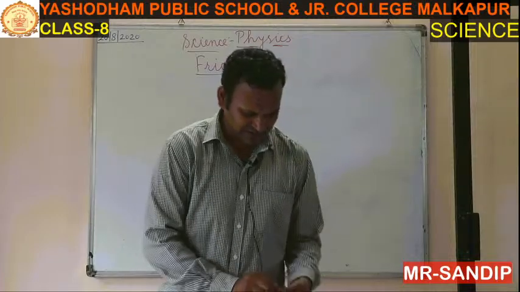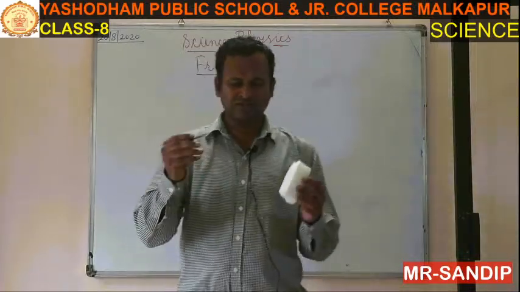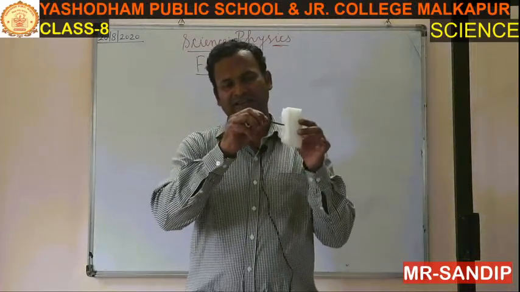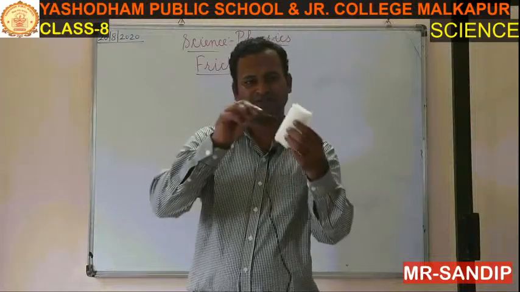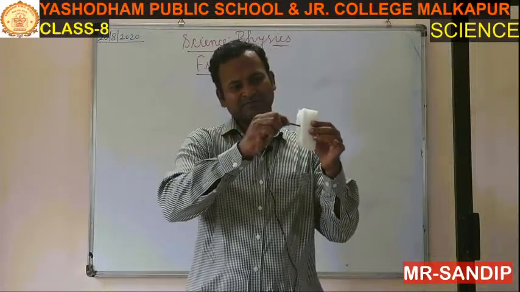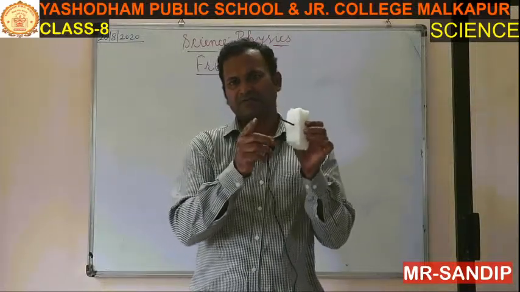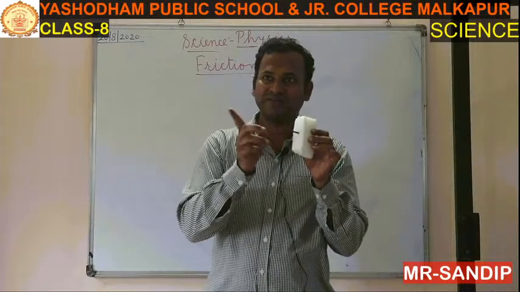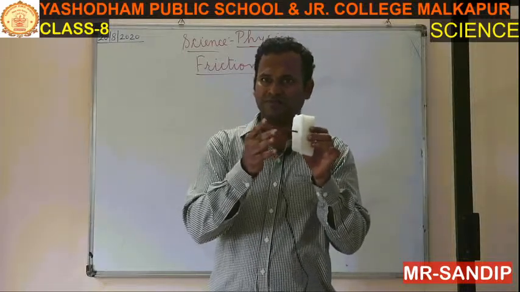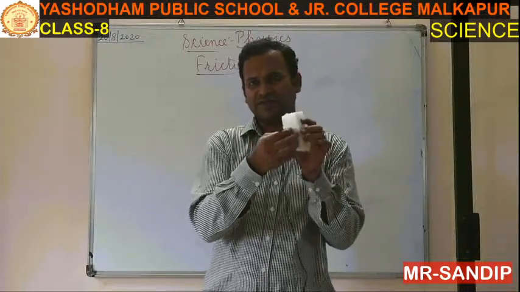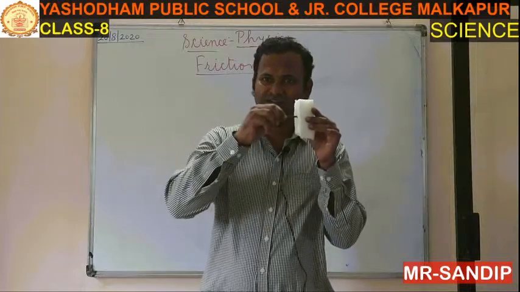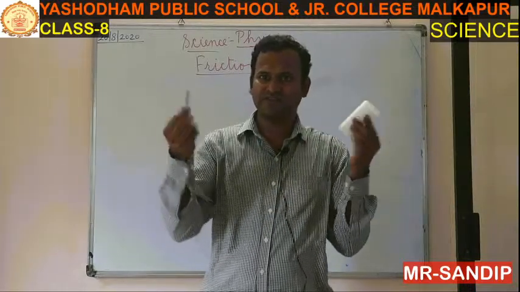One more advantage actually. Due to friction only we are able to fix a nail in the wall. Here I brought this punch. Here the surface is very soft, so it is very easy to fix it and very easy to take it out.